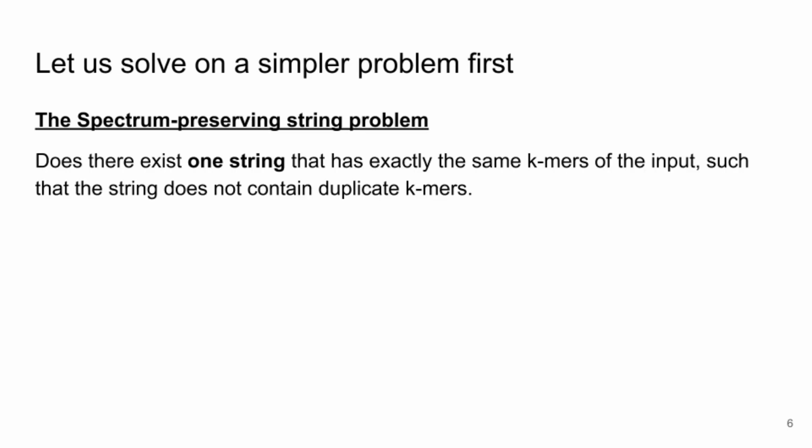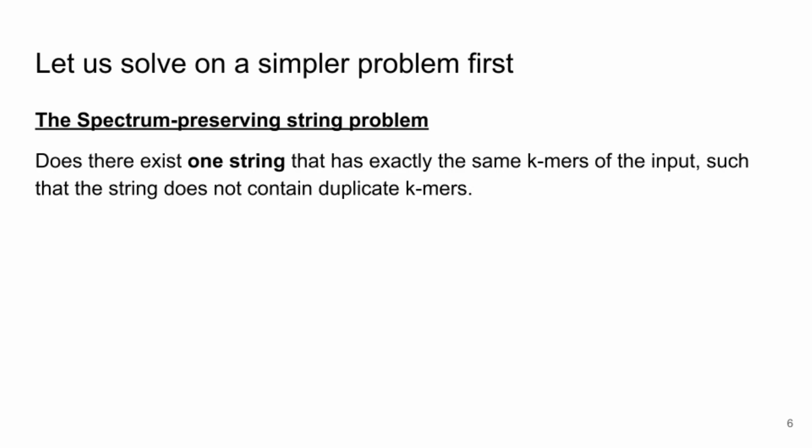So let us first solve a simpler problem. I call it the spectrum preserving string problem. In this problem we ask whether there exists one string which has exactly the same K-mers as the input, such that we do not have duplicate K-mers. So instead of trying to cover the K-mers of the input with a set of strings, now we are allowed to use just one string, and we want to know whether there exists one string which covers every K-mer of the input exactly once.